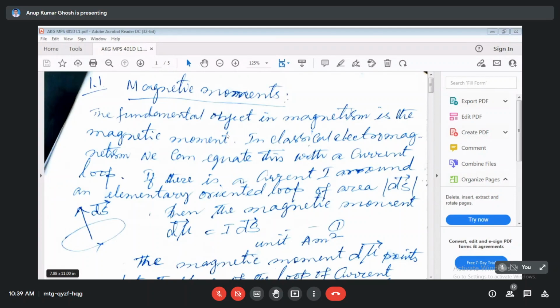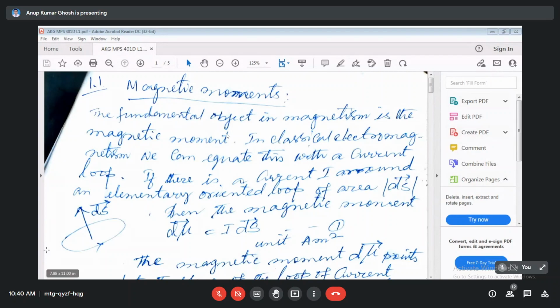If ds is the closed area and I is the current, and when we consider the area as a vector, the normal to the plane is the direction of the area, and so d mu is equal to I into ds. I is the current and ds is the elementary area.